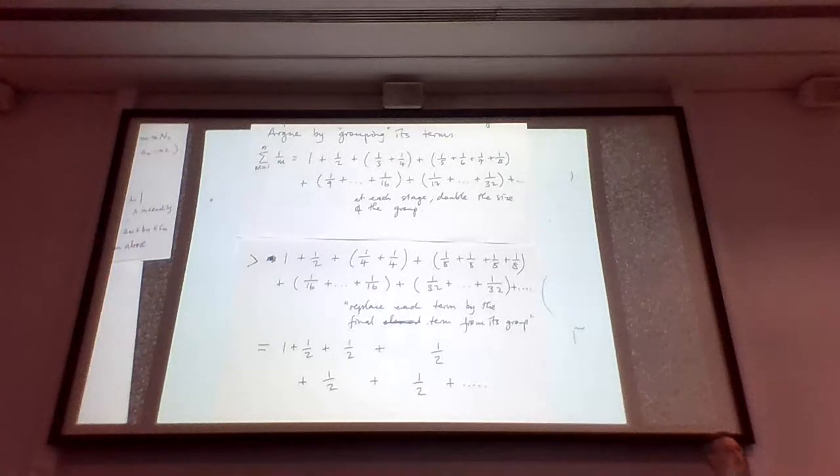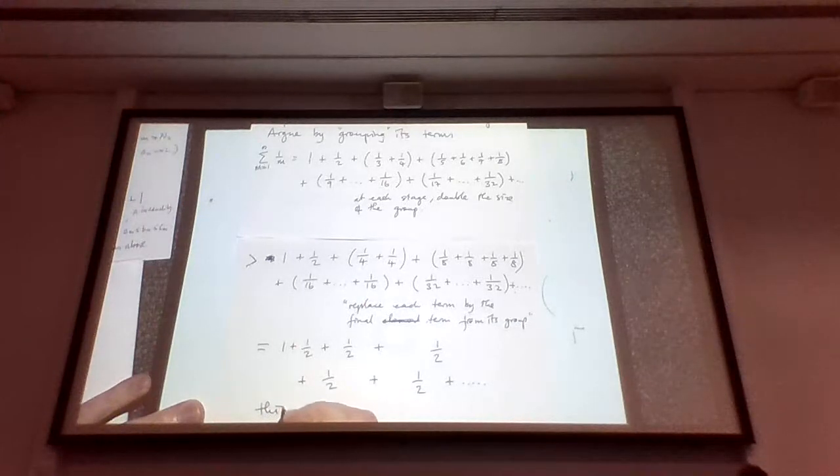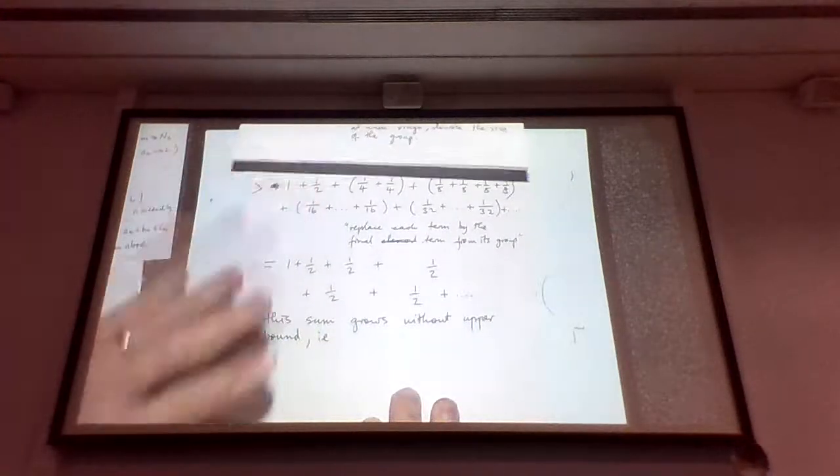Well, it doesn't have a finite value. You take an infinite number of steps of distance half a meter, you're going to go forever. So this sum grows without upper bound, i.e., it's divergent.